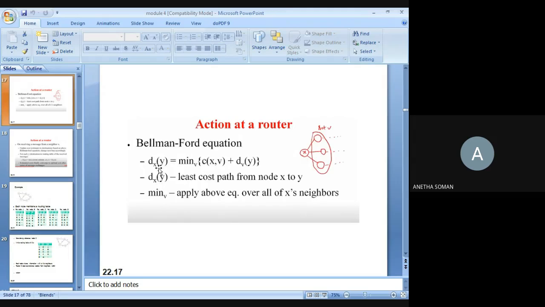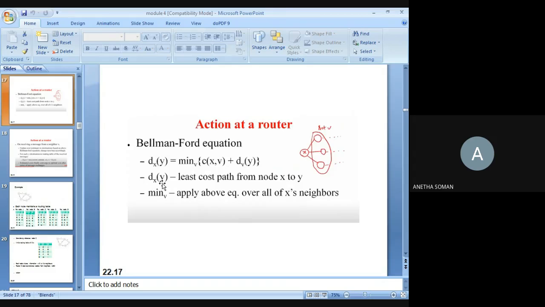It is written as dx(y) = min over v of { c(x,v) + dv(y) }. Now, what are all these parameters? What is dx(y)? dx(y) is the least cost path from node x to y. Assume your source node is x and your destination node is y.